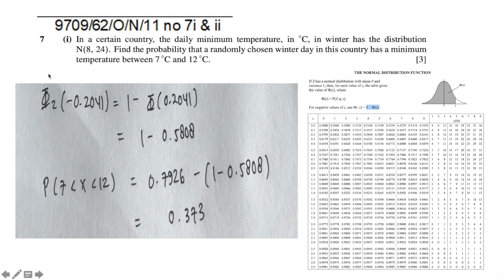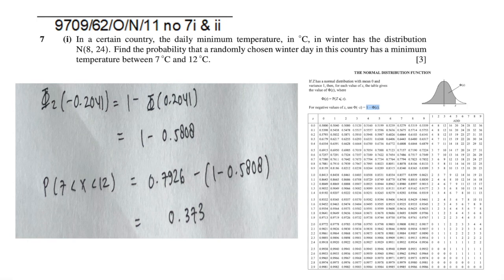If we get a negative z value, we need to subtract the probability of the positive z value from 1, like this. So we already have the probability of temperature less than 7 degrees Celsius and less than 12 degrees Celsius. We just need to subtract them just like the equation before.